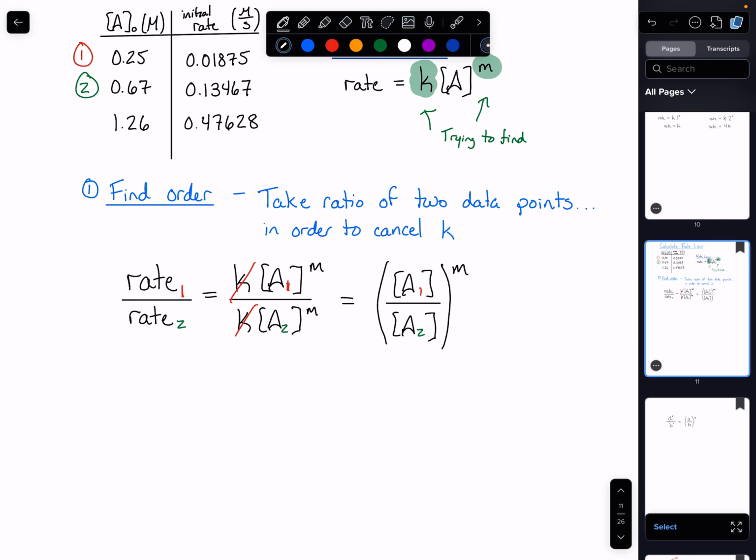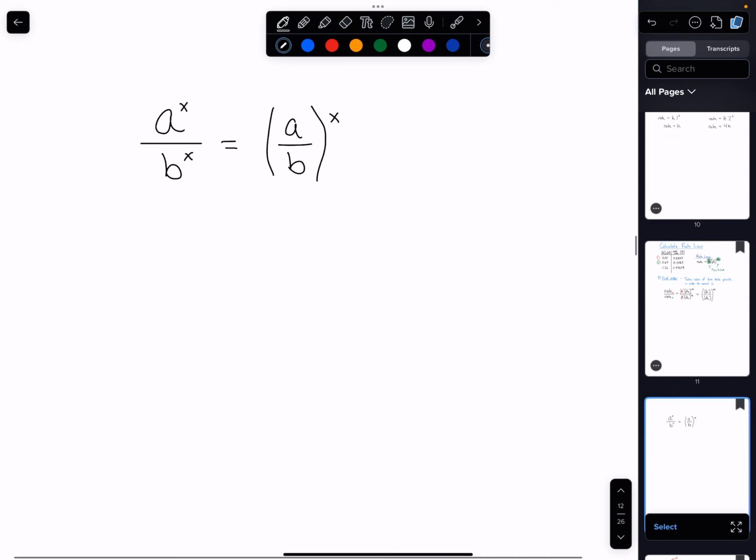We got another problem on our hands though, which is that it's stuck up in that exponent. So how are we going to get it down? Yes, we get to use everybody's favorite algebraic operation, the log. You can use either log or natural log.